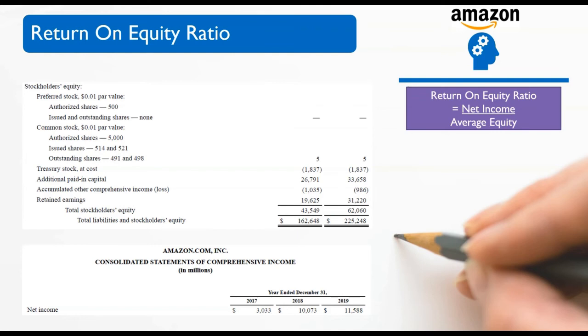One item to highlight is that the ratio is largely dependent on the industry and sectors that a company operates in. As an example, investors can consider a return on equity ratio above 15% to be acceptable, whereas less than 10% would be a poor return on equity return. So how is this calculated? The return on equity ratio is simply calculated by taking the company's net income over its average equity amount.